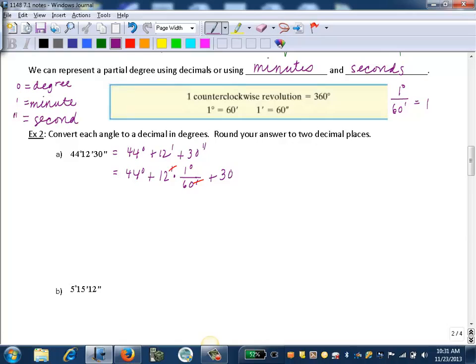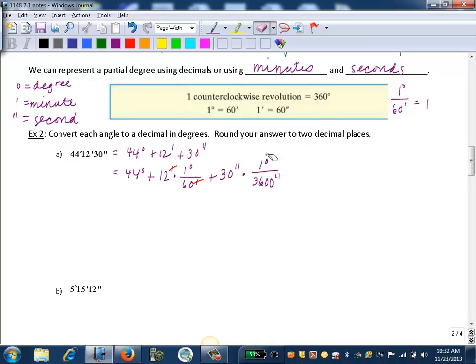Now we'll add our 30 seconds. Now we want to convert the seconds to degrees. So I know that there's 60 minutes in a degree and 60 seconds in a minute. So I can multiply here by 1 degree over 3,600 seconds. Again, that's because there's 60 minutes in a degree and then 60 seconds in each of those minutes.